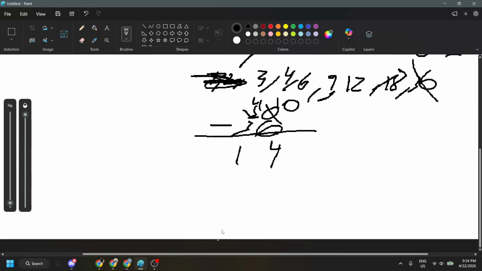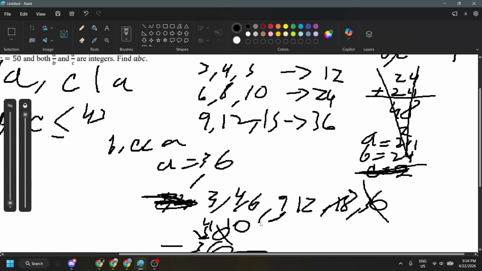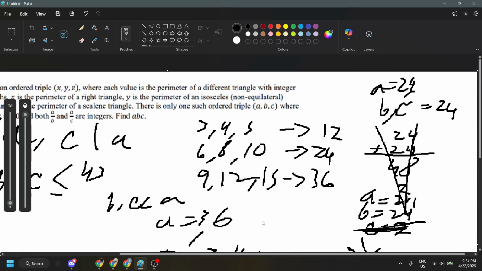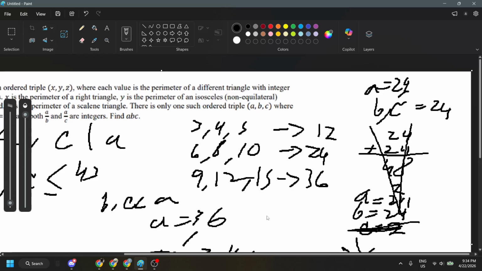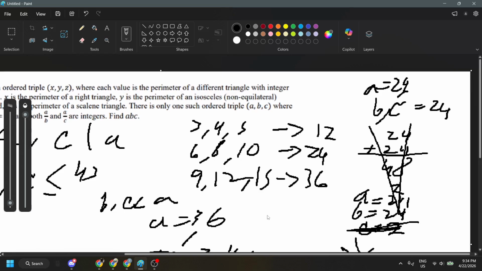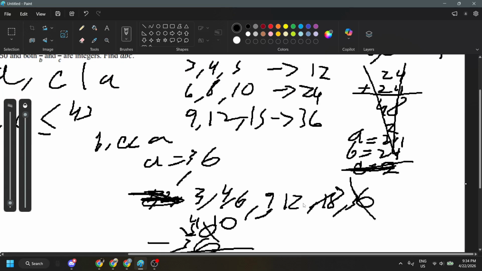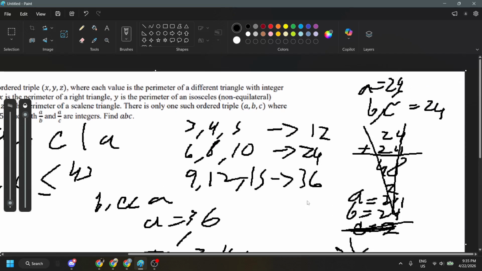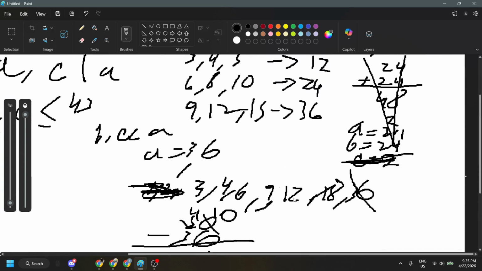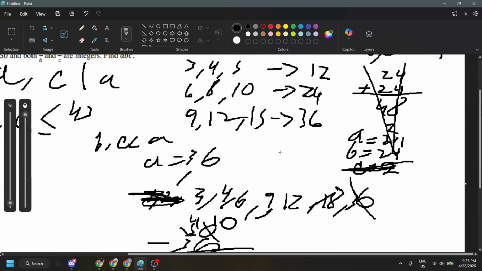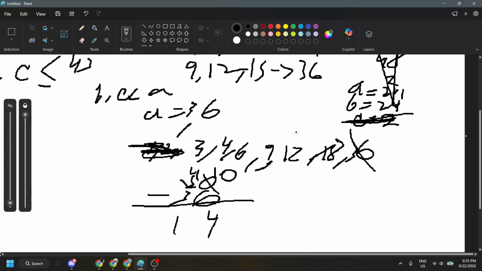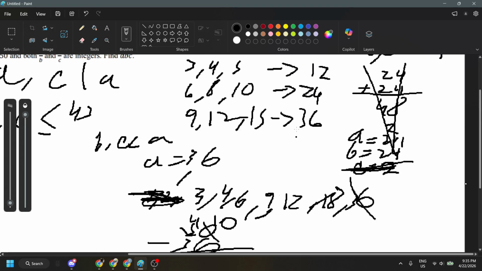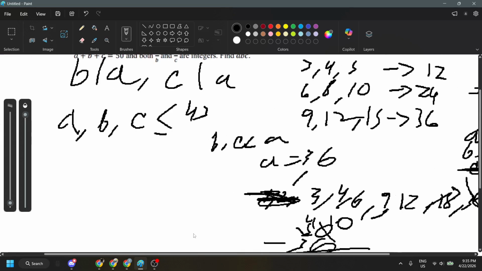Hmm. A is 36. Then B plus C would have to equal 14. 14 can be achieved by 12 plus 2, 4 plus 10. Yeah, no.